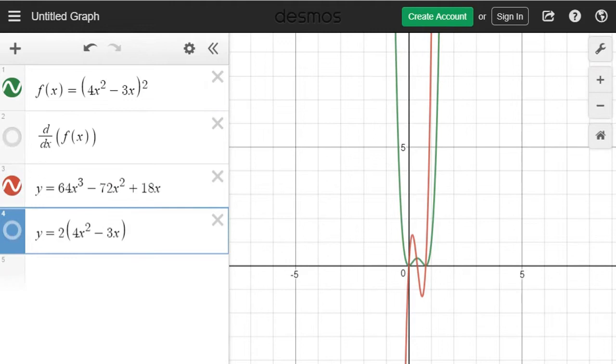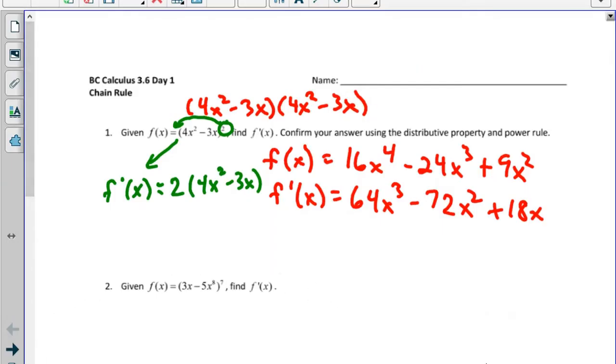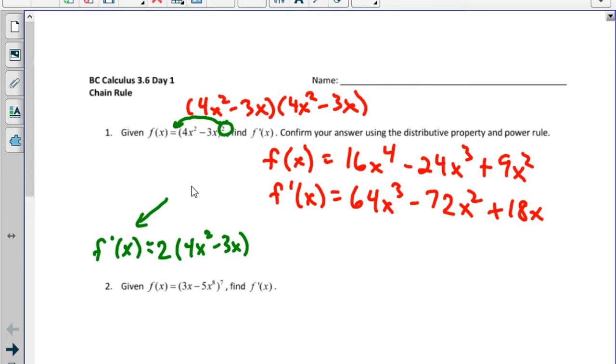And one thing that's missing here is if we take a look at the original function, there's a part in the middle that we haven't even accounted for. So there's this 4x squared minus 3x.